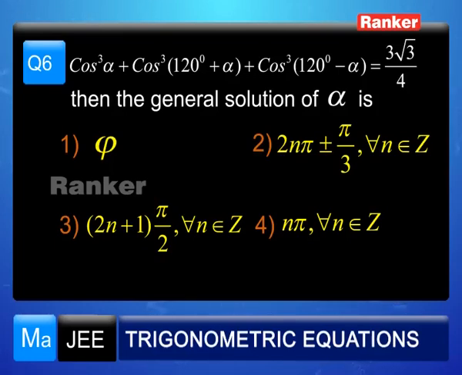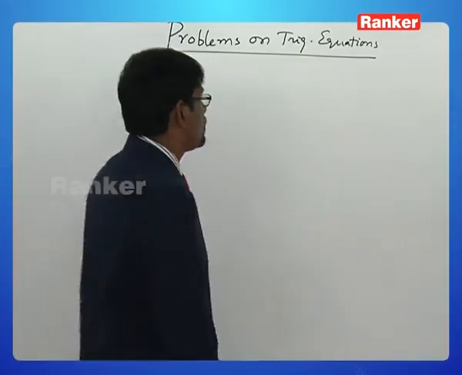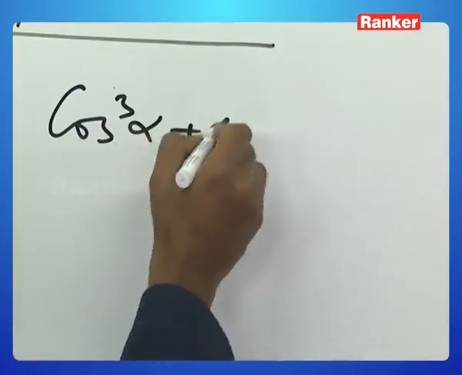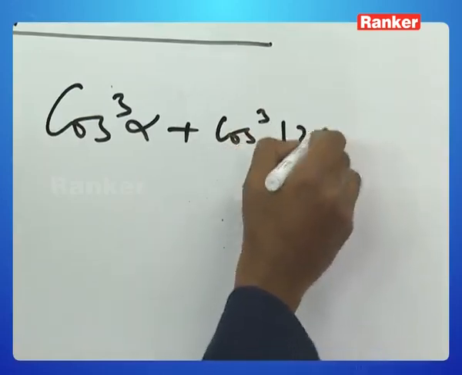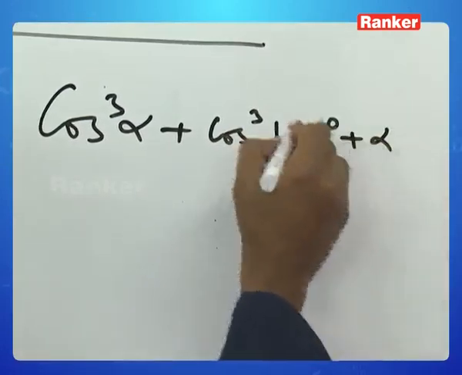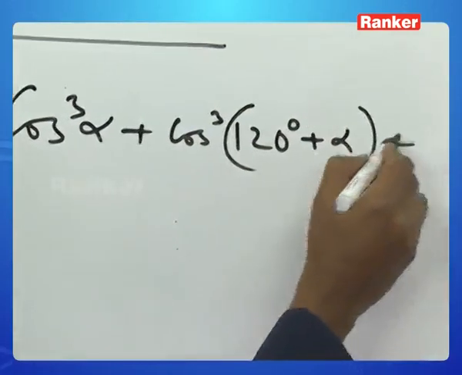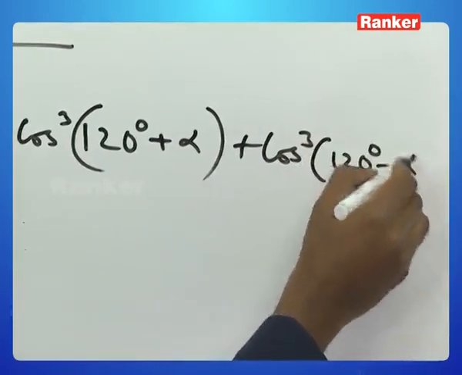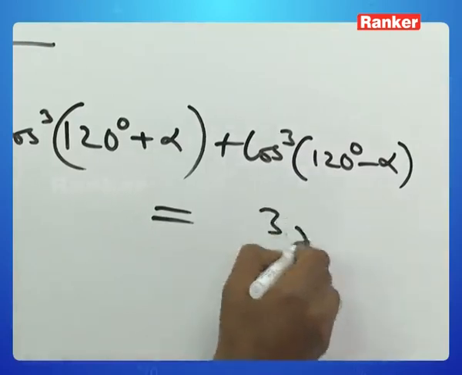Third option, (2n plus 1) into pi by 2, n any integer. Fourth option, n pi, n any integer. Now, what's the equation given? Cos cube alpha plus cos cube of 120 plus alpha plus cos cube of 120 minus alpha is equal to 3 root 3 by 4.